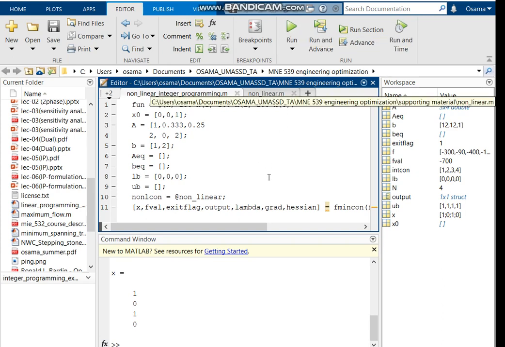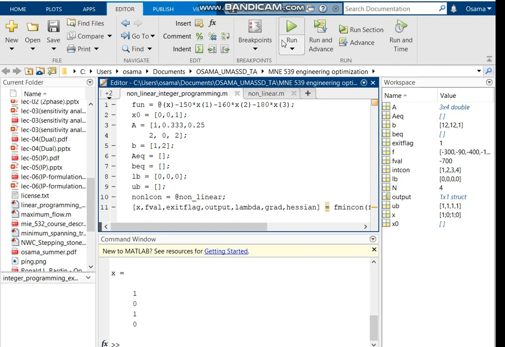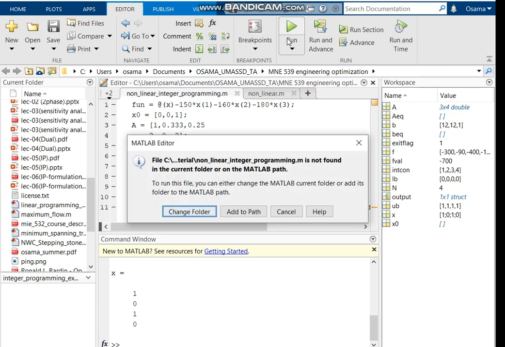If you have a small scale problem, you can use this one. If it's a more complicated one, then it's advised to go for an evolutionary algorithm or any heuristic technique. So we can start up our code.